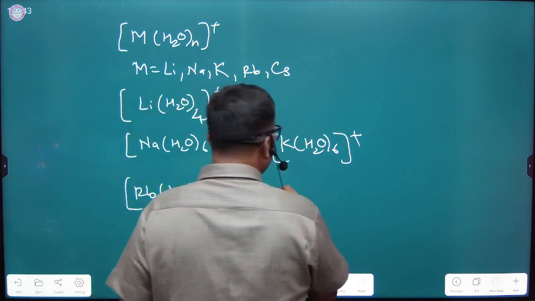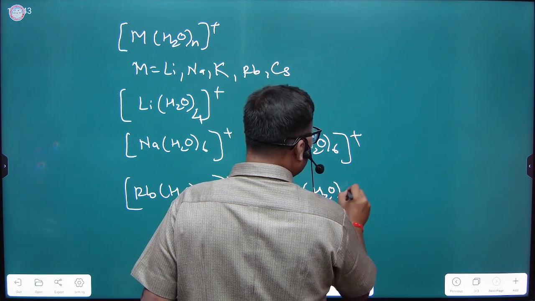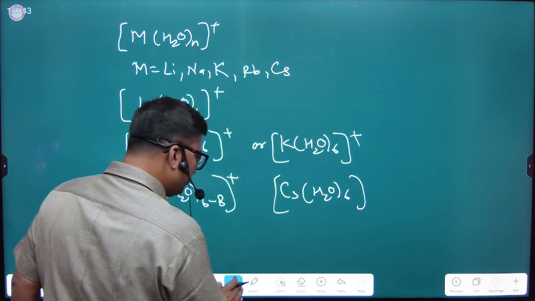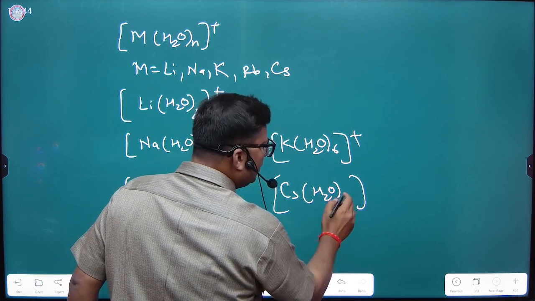And for cesium, it is not 6, it will be 12.